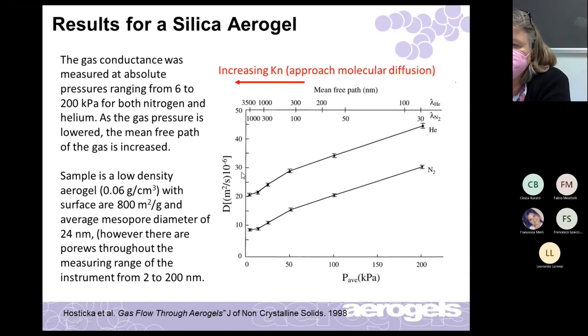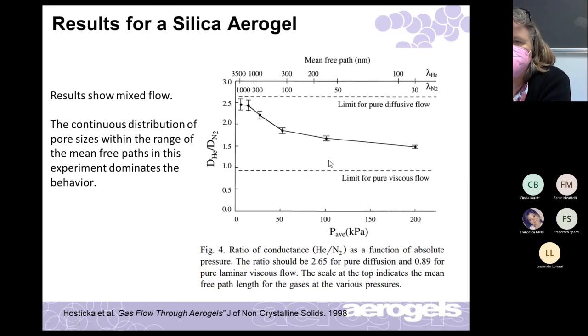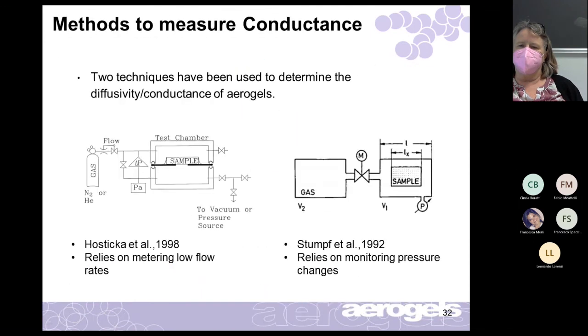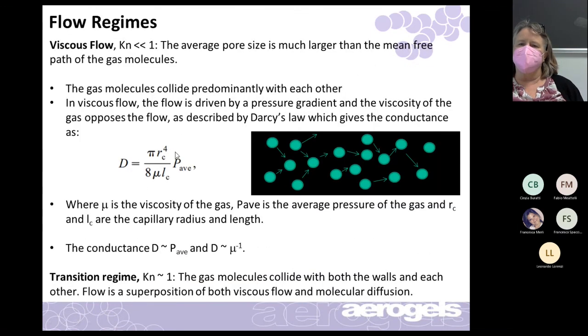So the other thing they did is they were able to plot the ratio. So the ratio of the conductance of the two gases, if it's purely viscous flow, that ratio, again, the R, the L, the P average are all the same, is going to be the ratio of the viscosities of the gases. So the viscosity of helium and the viscosity of nitrogen.